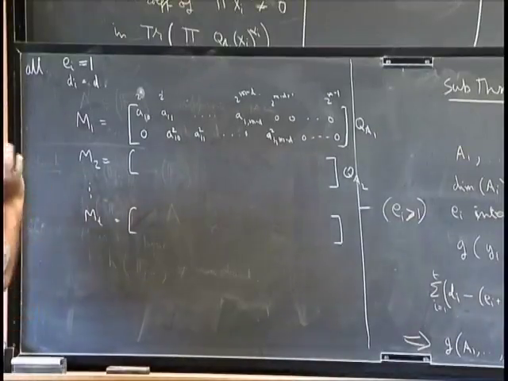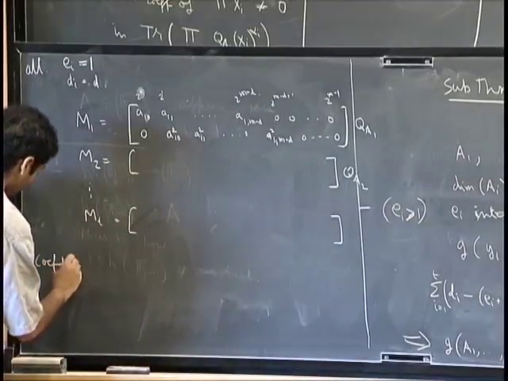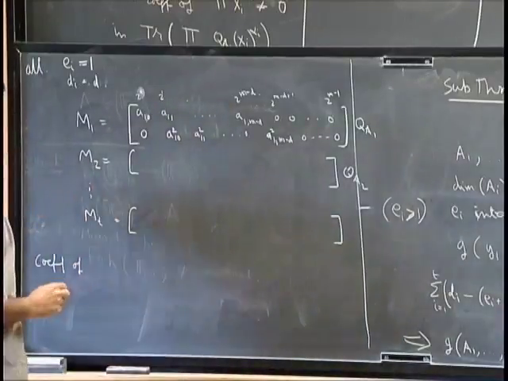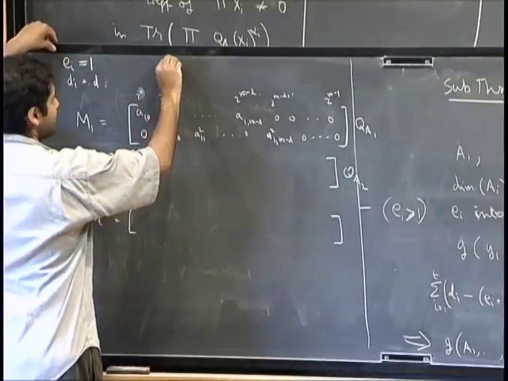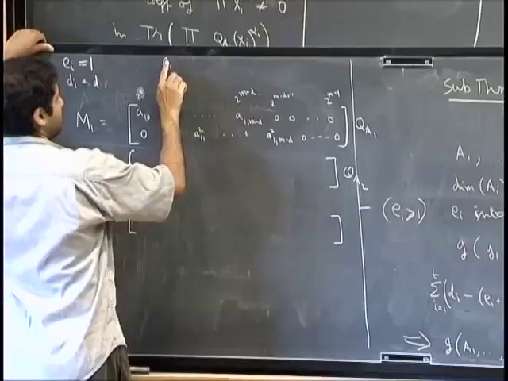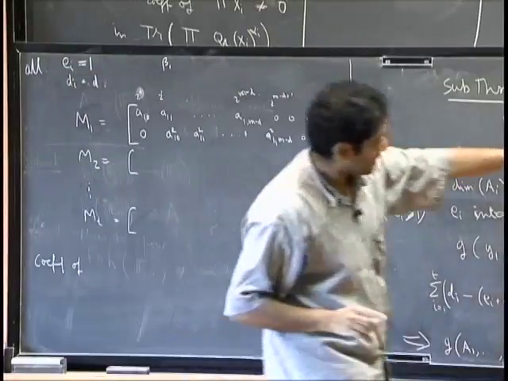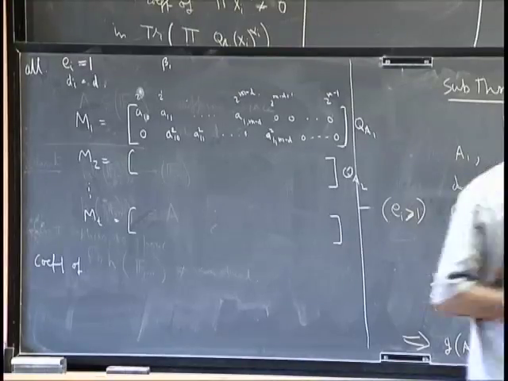Okay, so now the claim is about the coefficient. All the ei's were 1, so I need to produce beta i's with Hamming weight 2. That was the statement of the theorem. So there exist sets B1 up to Bt such that beta i is the sum of powers of 2 where each Bi has exactly size 2.